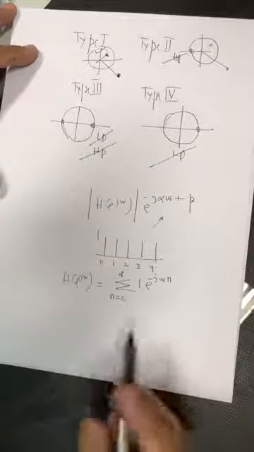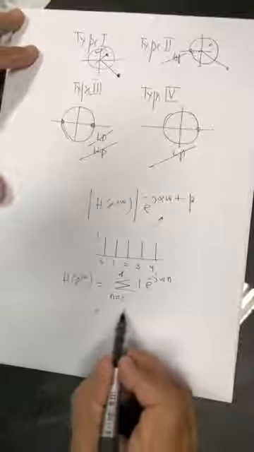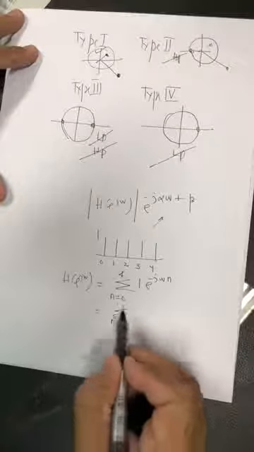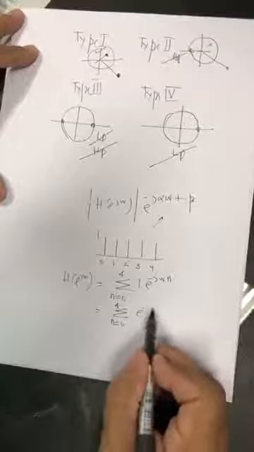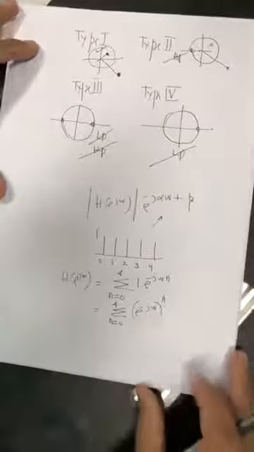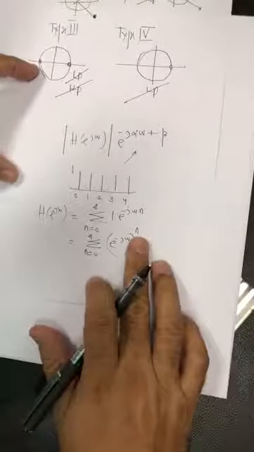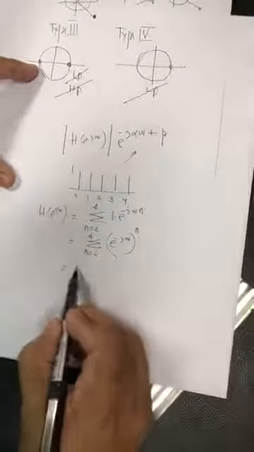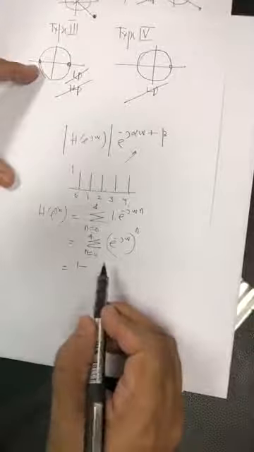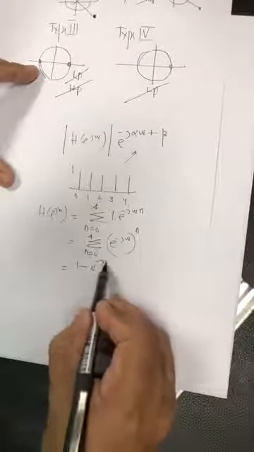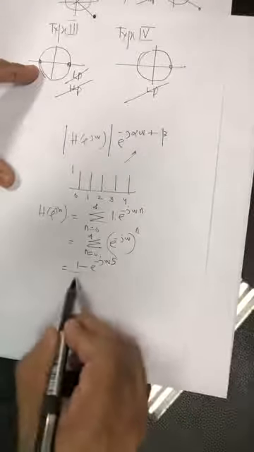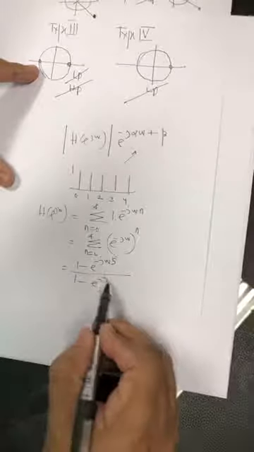And then, the formula is n equal to 0 to 4 of (e^{-jω}) raised to the power n. And we know that if this is the formula, alpha raised to the power n, its answer is 1 minus alpha raised to the power n plus 1, which will be e^{-jω5} divided by 1 minus e^{-jω}.